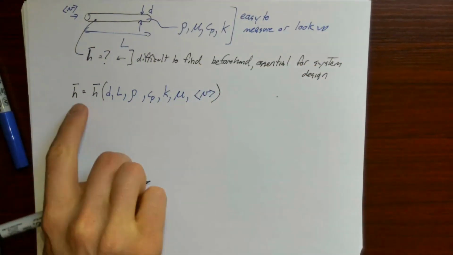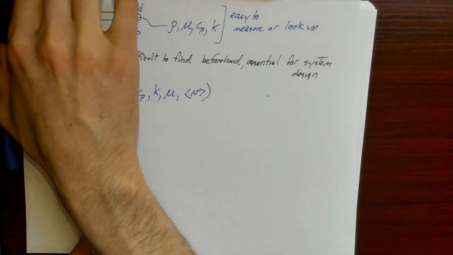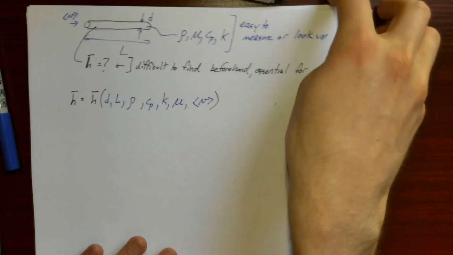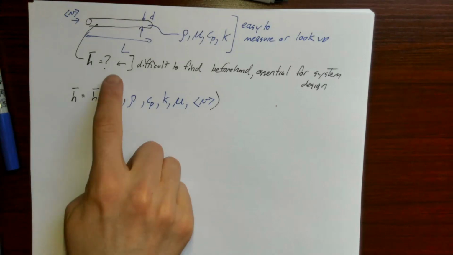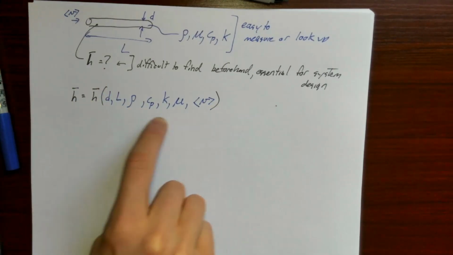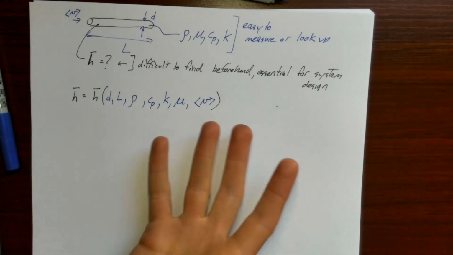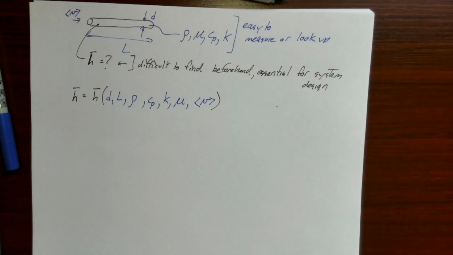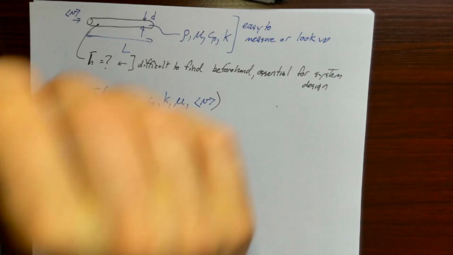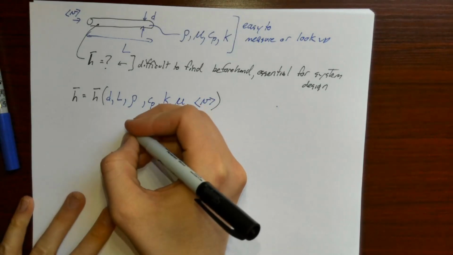We anticipate H being a function of all of these things. If I were a budding engineer and wanted to come up with what this function is beforehand, I can write a function of 7 variables, but formulating this function would be pretty tricky to do.